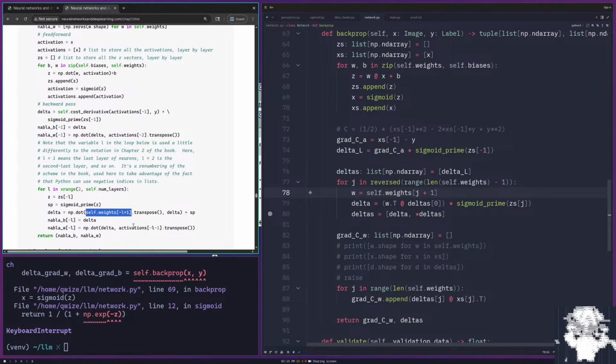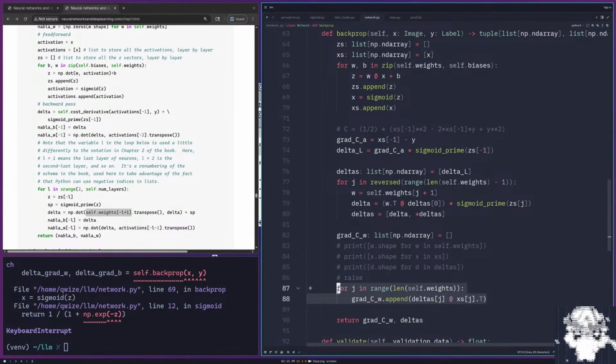He's using negative indexing into the list in order to fill the list out backwards. I don't have to fill this list out backwards because the things don't depend on anything that I don't already have. This one I do have to fill out backwards.